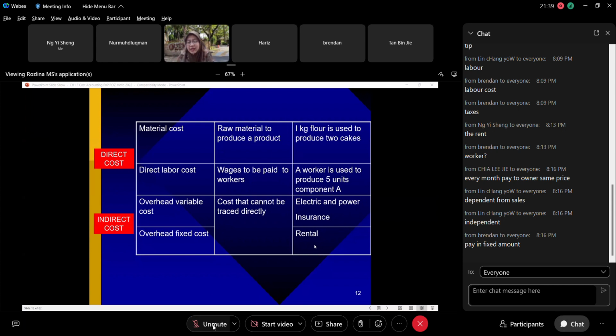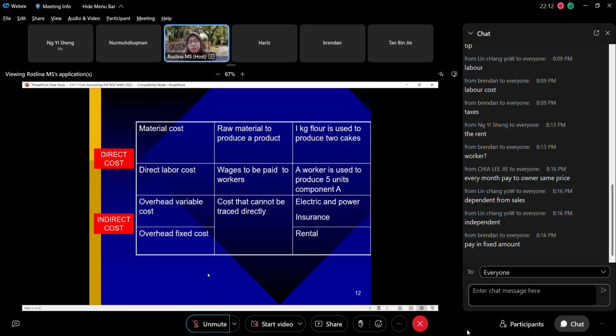Even though you produce 1,000 units, or let's take an extreme, 1 million units, you still need to pay the rental the same amount. Right? The same amount. It is a consistent amount. Let's say the building rental is 20,000 ringgit per month.